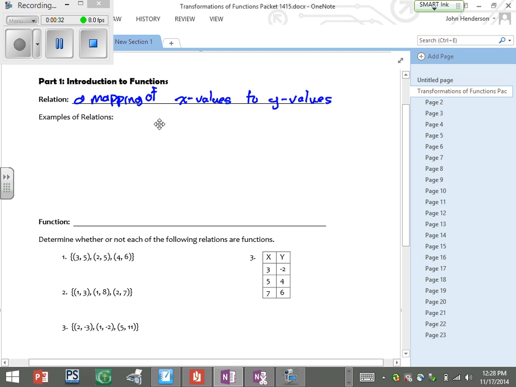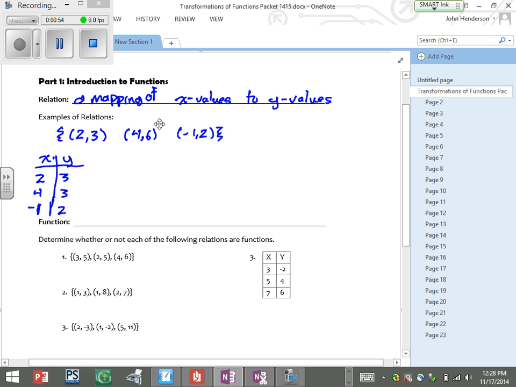So some examples of relations, we can write them as points. So maybe the point (2, 3), and the point (4, 6), and the point (-1, 2). That's a relation. You could write them in a table. So we could put our x and our y. So the x would be 2, the y would be 3, and we'd have 4, 6, -1, and 2.